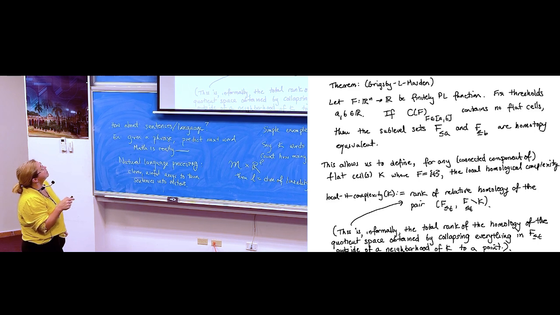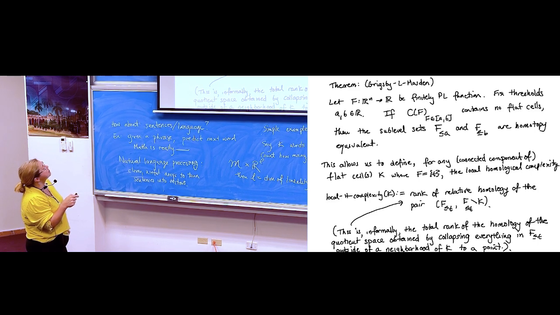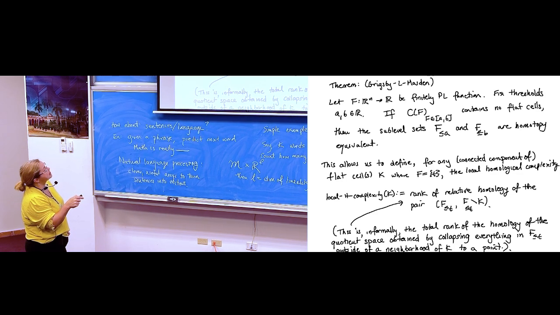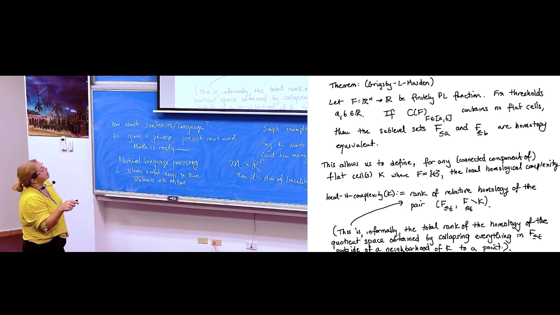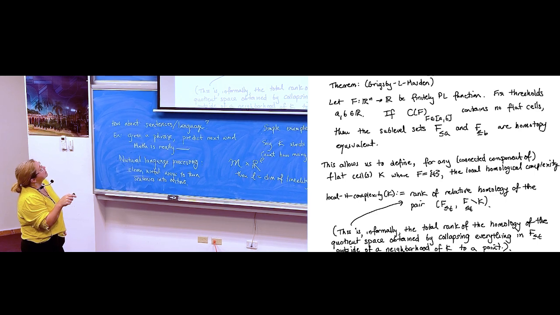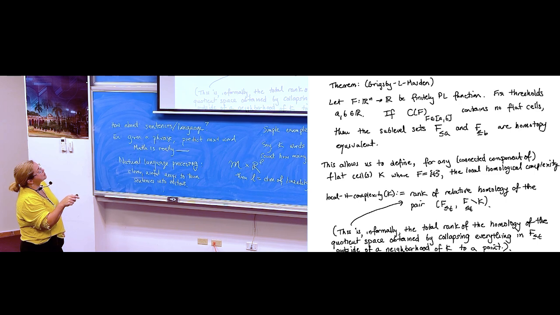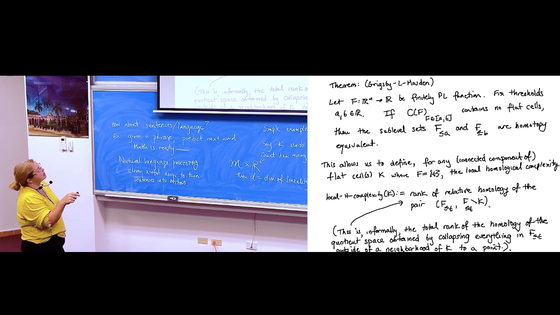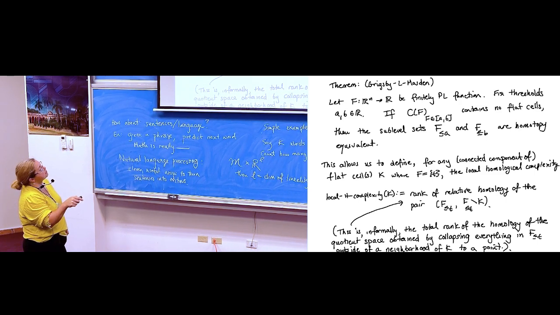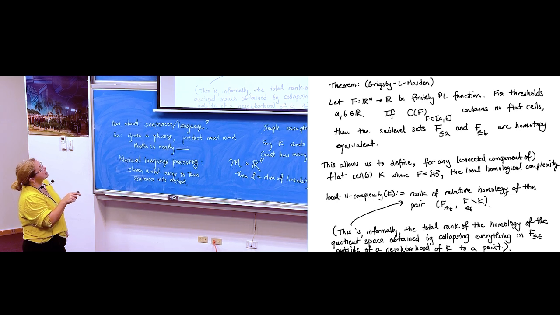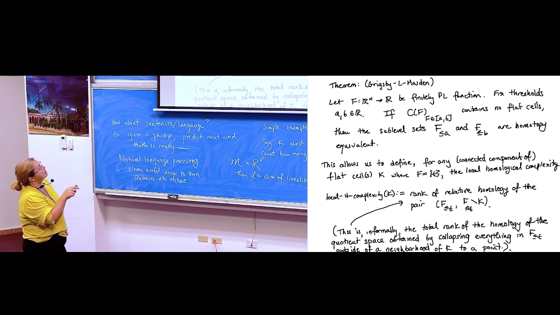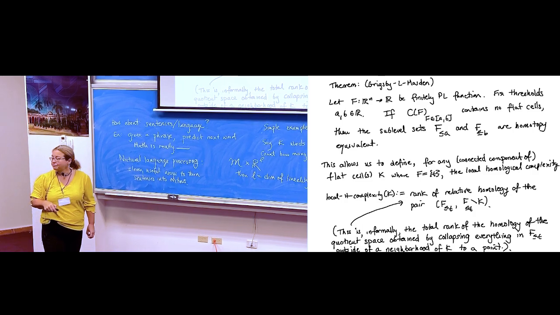So here's a theorem. If you have a function from R^n to R that's piecewise linear with finitely many pieces, and you fix thresholds A and B, as long as the part of the polyhedral complex that corresponds to where the function is in the interval [A, B] contains no flat cells, then the sublevel sets associated to threshold A and threshold B are homotopy equivalent.